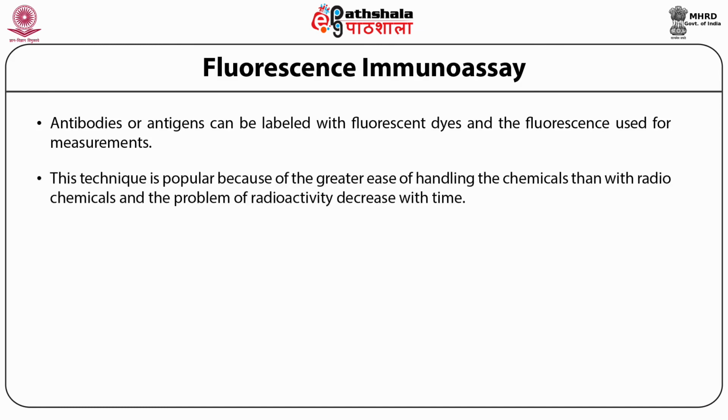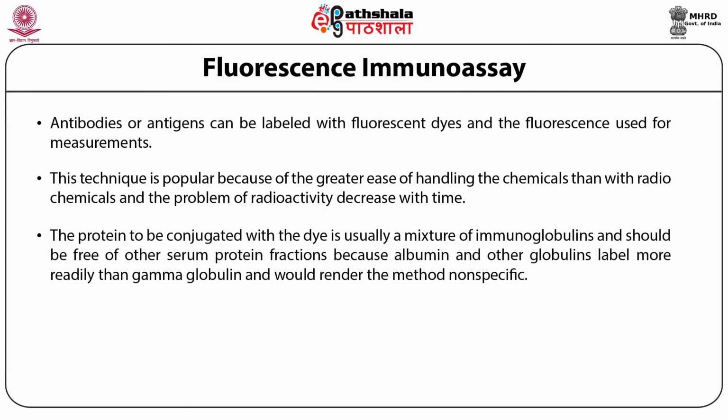This technique is popular because of the greater ease of handling the chemicals than with radiochemicals, and the problem of radioactivity decreasing with time. The protein to be conjugated with the dye is usually a mixture of immunoglobulin and should be free of other serum protein fractions because albumin and other globulins label more readily than the gamma globulin and would render the method less specific.